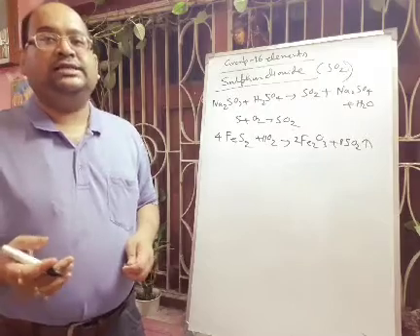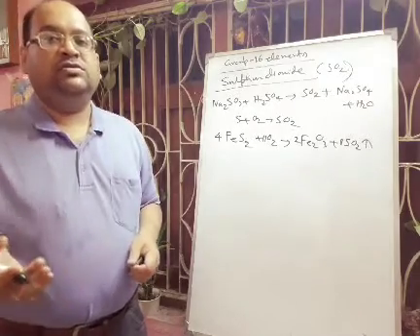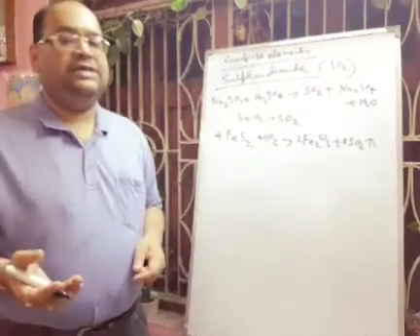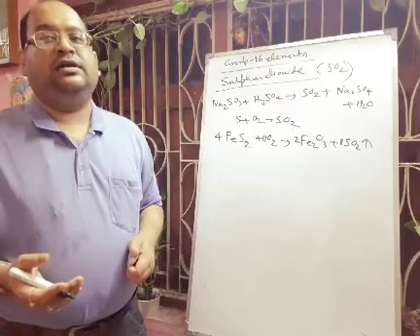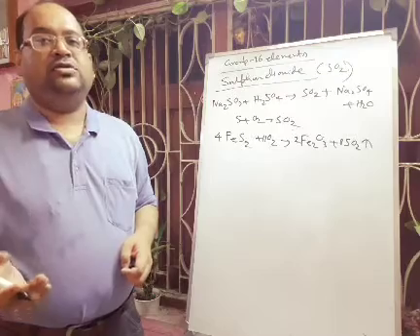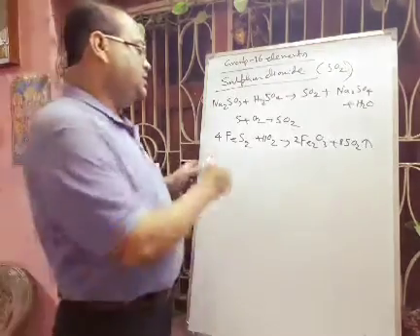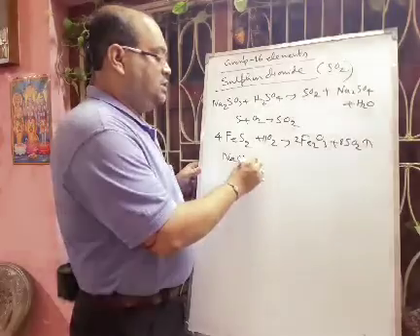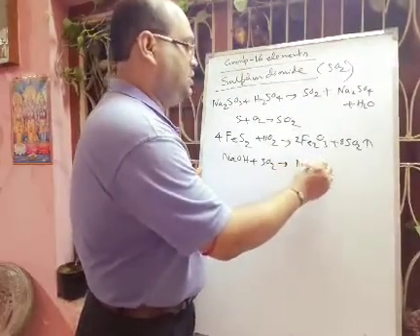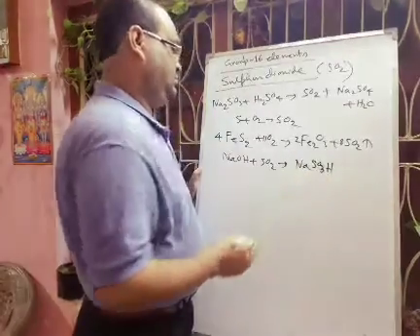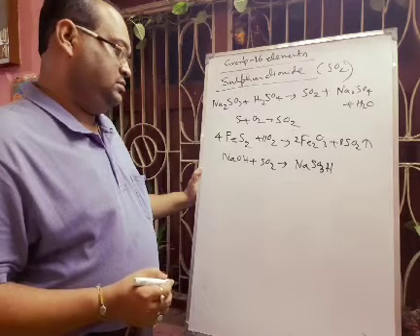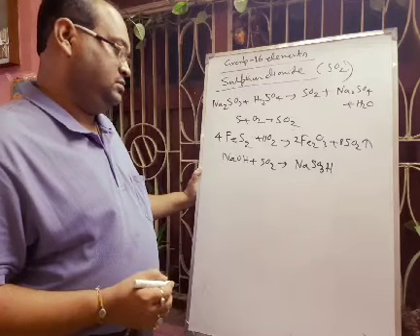Next we will discuss the reaction with caustic soda. It forms two types of salts. One is the acid salt, or bisulfite, and the other is the normal salt, sodium sulfite. So NaOH reacting with sulfur dioxide forms NaHSO3.